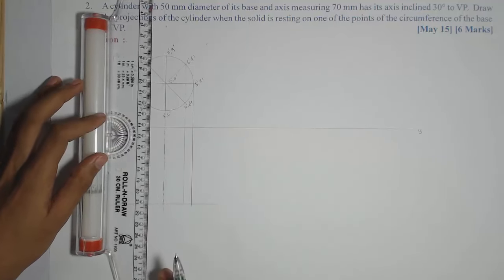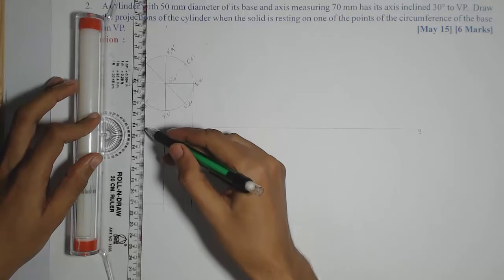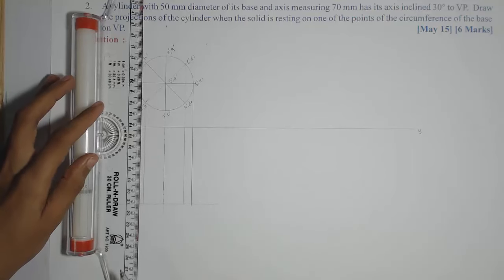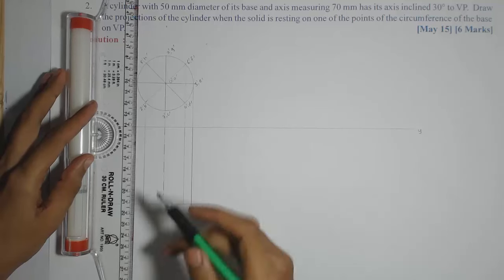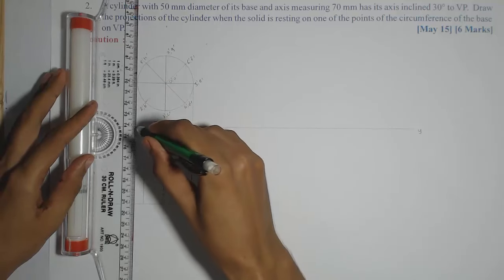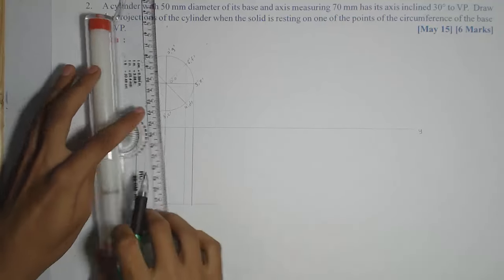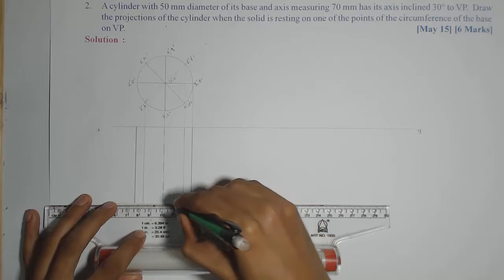Then from 2 dash and 8 dash the projectors will coincide as a single line, and it will again be an imaginary generator, so a light line. And finally from 1 dash a dash I'll get the boundary of the cylinder, which will be dark. In addition to this, I need to make both the bases dark.